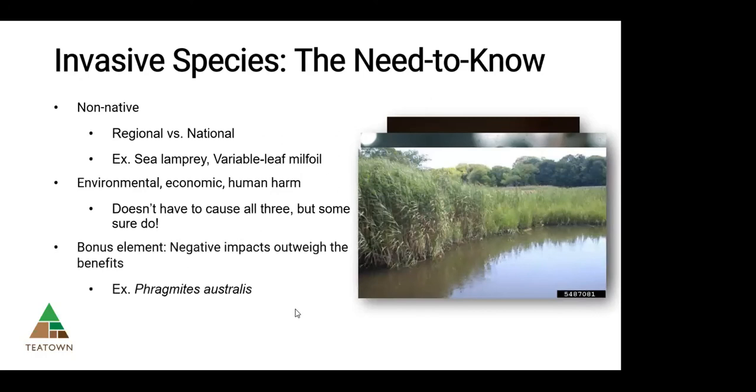And this isn't part of the definition, obviously, but most invasive species, the negative impacts outweigh the benefits. A lot of invasives do have some sort of benefit in some way. I mean, they're all plants, so there's got to be something good about them. And they might provide habitat or food for some species. If we look at Phragmites, it's a buffer plant.